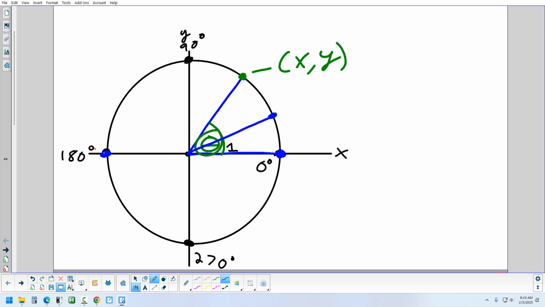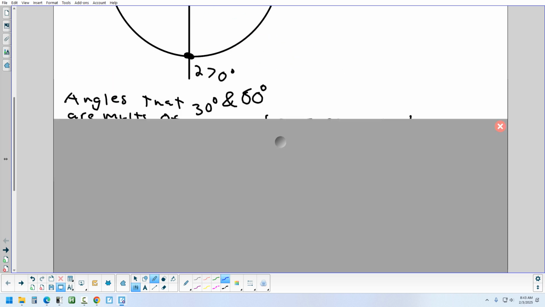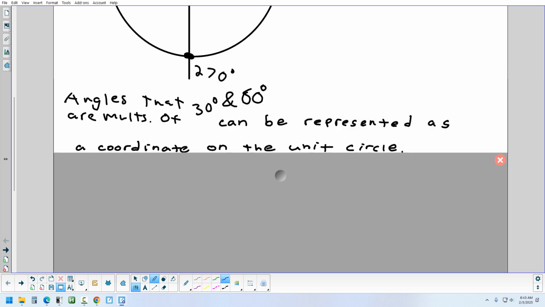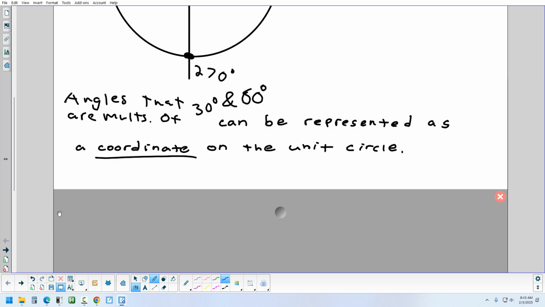All right, so let's write that down. It says angles that are multiples of 30 and 60 degrees. Those are the ones we're going to work with. Angles that are multiples of 30 and 60 degrees can be represented as coordinates on the unit circle.